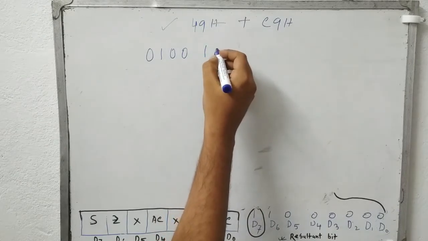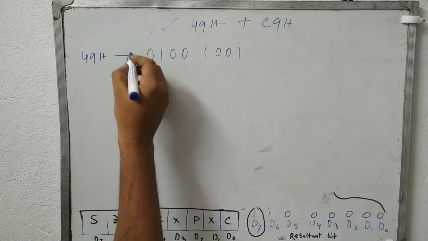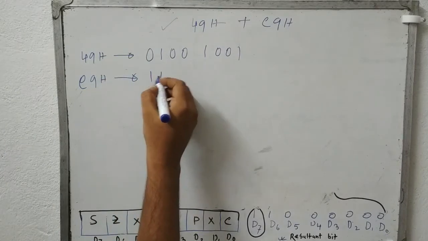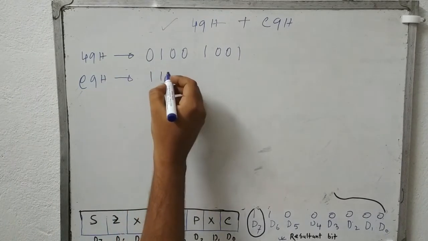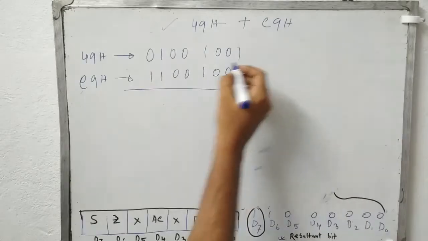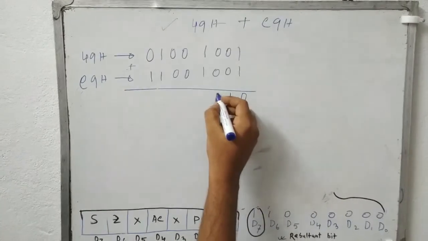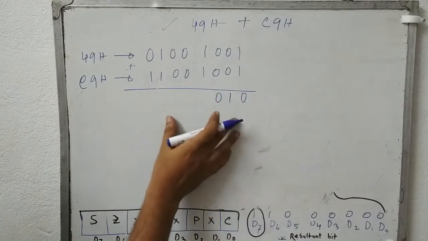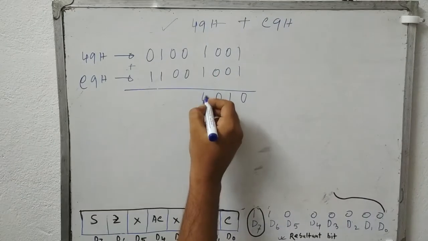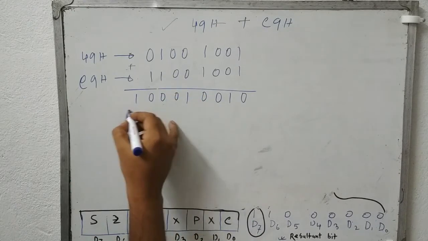This is the binary representation of 49H, and what is C9? It is 1 1 0 0 1 0 0 1. So let's perform the addition operation. Then the result will be 0 1 0 0 0 1 0 0 0 1.